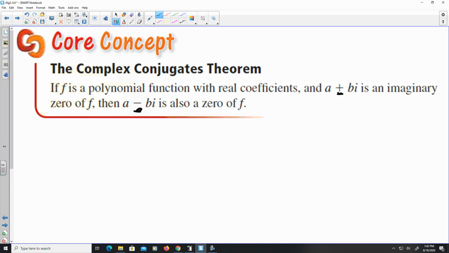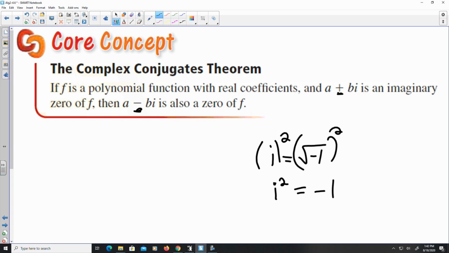Here is what that is going to do. Since we know that i is equal to the square root of negative 1, that means that anytime you see i squared, you're automatically going to write it as negative 1. Because if you just went, oh, this is squared and this is squared, i squared stays the same.